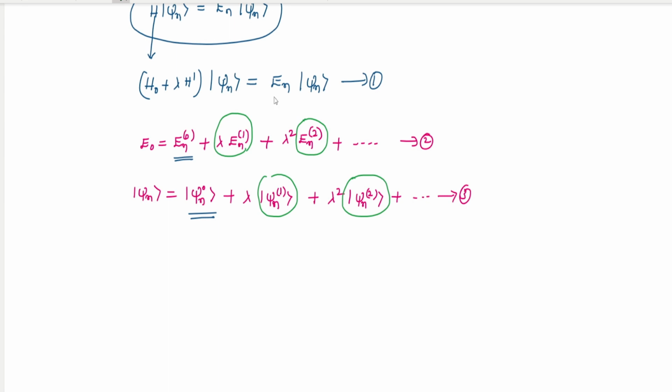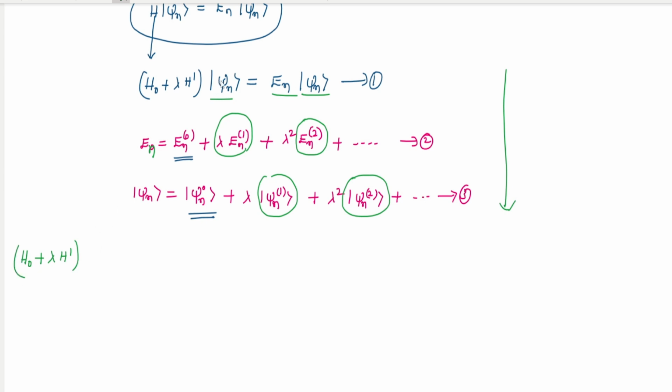In place of En we use this term here, and in place of psi n we use this. Please try to remember these three basic steps. H naught plus lambda H prime.